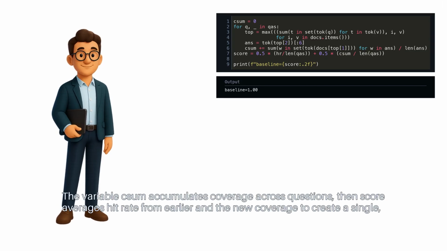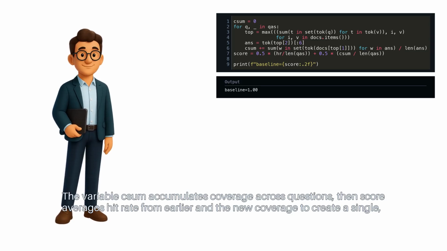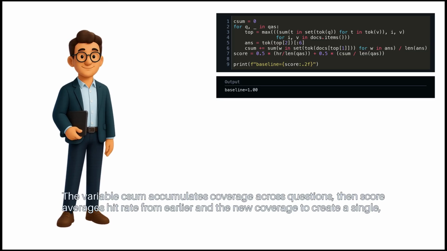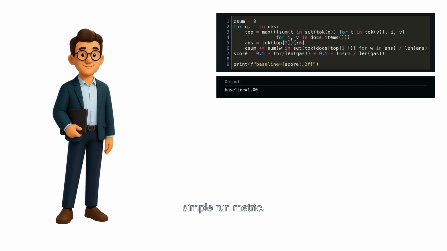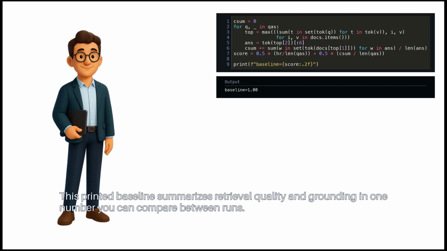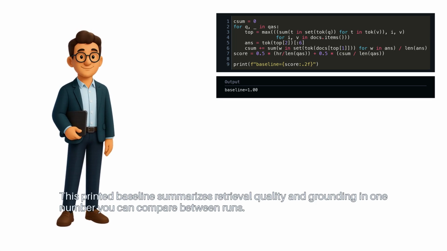The variable C-sum accumulates coverage across questions. Then score averages hit rate from earlier and the new coverage to create a single, simple run metric. With no extra tokens, coverage tends to 1.00, lifting the baseline. This printed baseline summarizes retrieval quality and grounding in one number you can compare between runs.